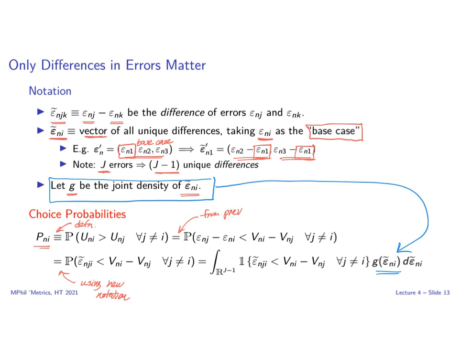Epsilon tilde_ni is the vector of all of the epsilon tilde_nji. In other words, all the differences between each of the error terms and the error term epsilon_ni, which is to say J minus 1 unique differences.